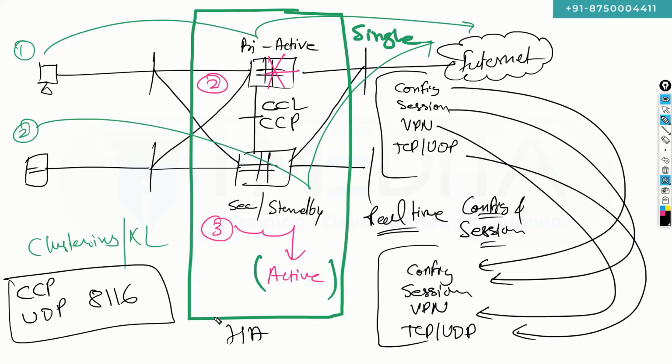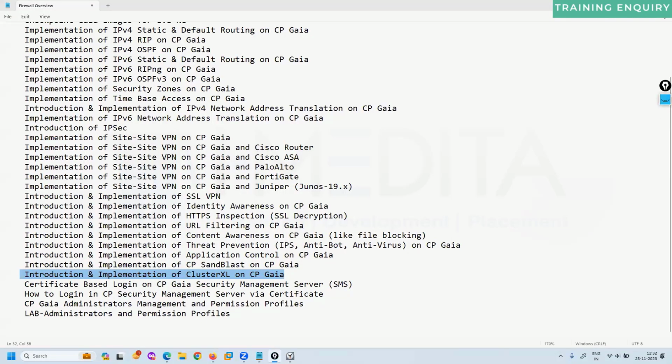Yeah, it's clear. So this was something about what we are going to cover in this entire training. These features are mostly similar to Palo Alto. Next, these are the practicals: certificate based login, and how to set admin permissions here.